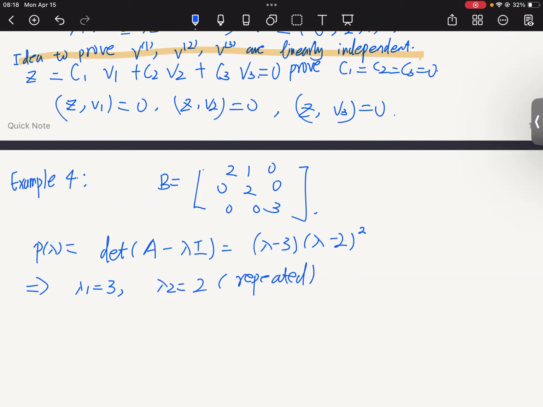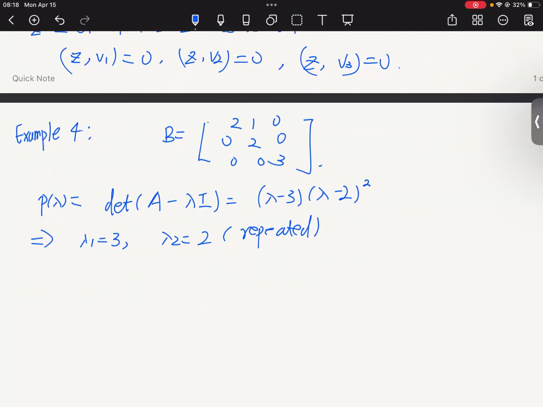If we want to solve for the eigenvectors, we have A v1 equals lambda 1 v1, and we just substitute lambda 1 equals 3 into that equation and solve for v1.